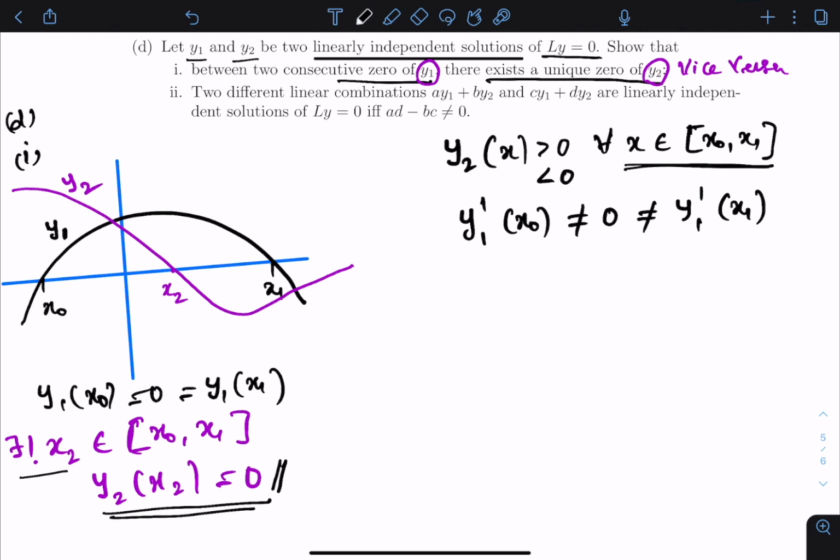And why is that? Suppose this was equal to 0, what would happen is that y1 would be a solution to this initial value problem.